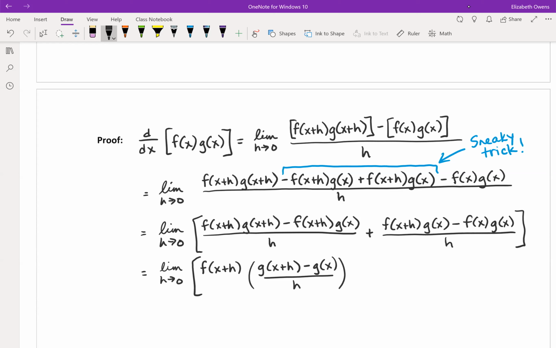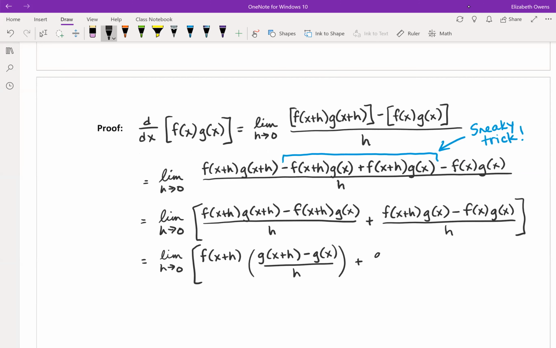I pulled the f of x plus h all the way out of the rational expression, like f of x plus h over 1. And we'll see why in just a second. Similarly, in the second expression, we're going to factor out g of x. So we got g of x times f of x plus h minus f of x over h.